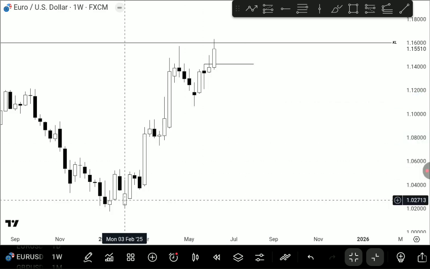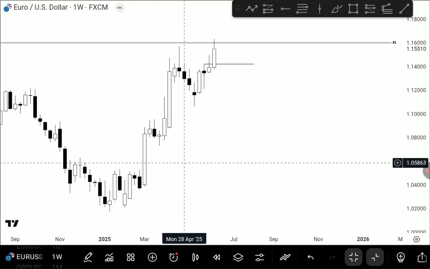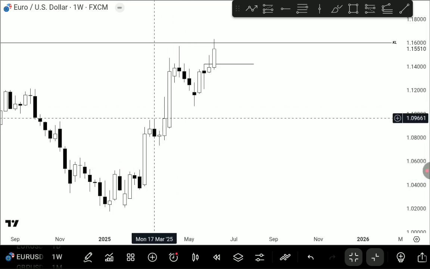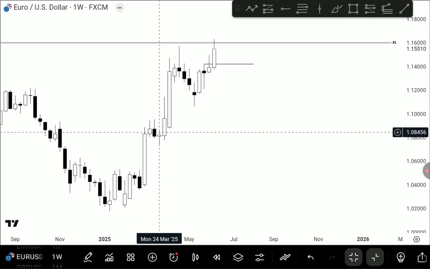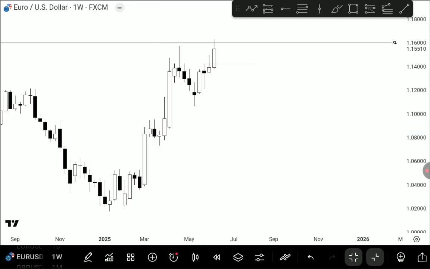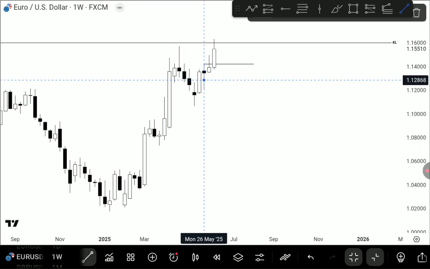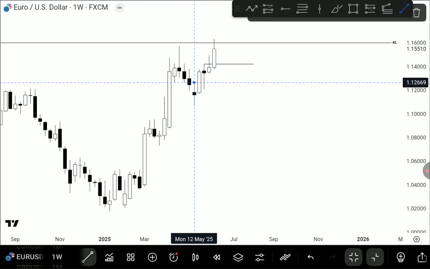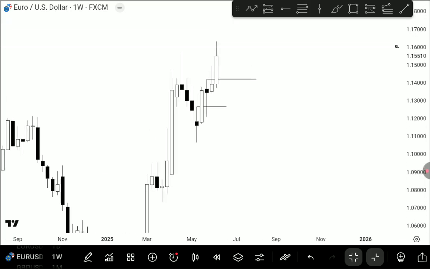So basically, I've always said it in a bullish order flow, right? You expect to see the bearish candles being used as a propeller for price, right? And you can see that that's exactly what has been happening, right? Right over here, clearly defining the order flow of the market.